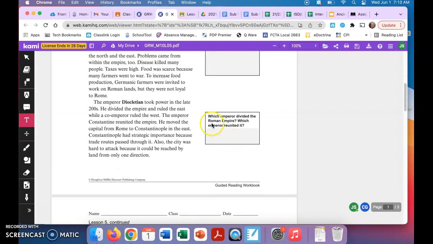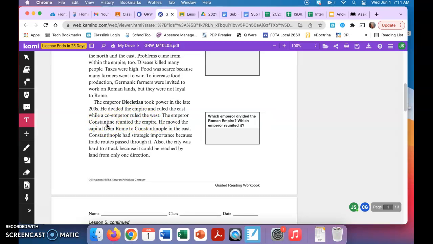Your next question, which emperor divided the Roman Empire? Which emperor reunited it? So the Emperor Diocletian took power in the late 200s. He divided the empire and ruled the east while a co-emperor ruled the west.